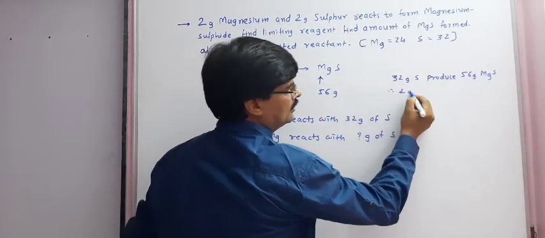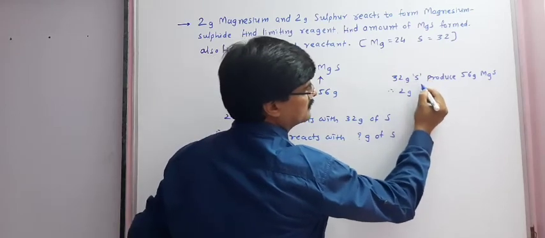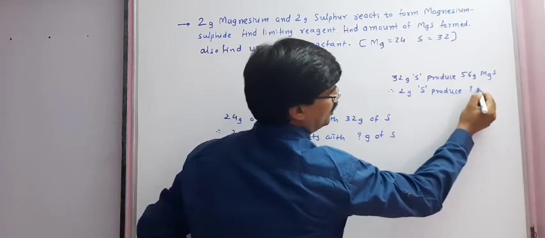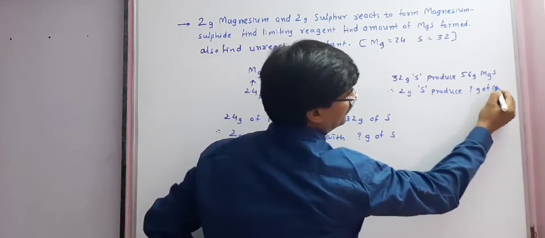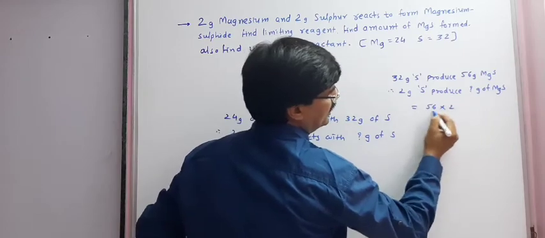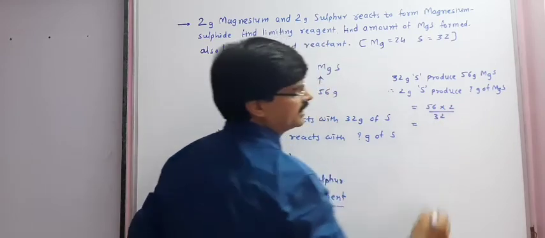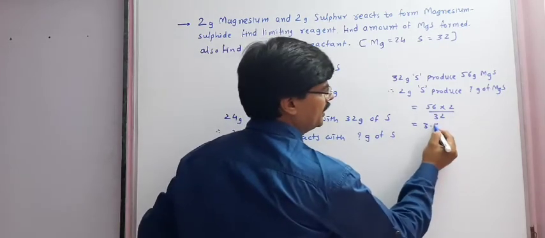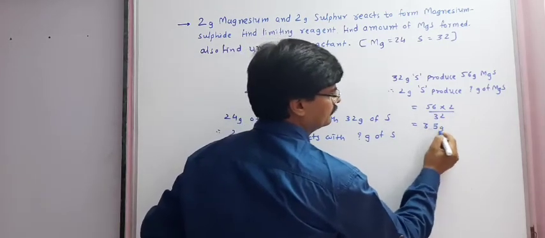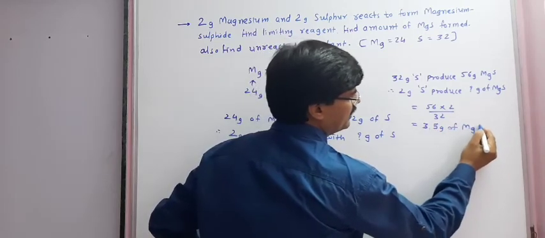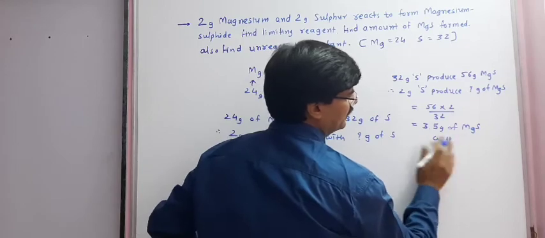Therefore, 2 gram sulfur produce what gram of magnesium sulfide? 56 into 2 divided by 32. On simplification, we will get 3.5 gram. 3.5 gram of magnesium sulfide is formed.